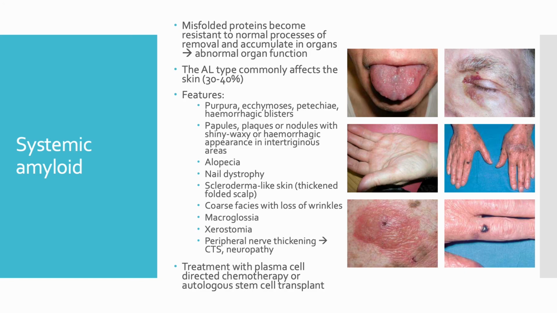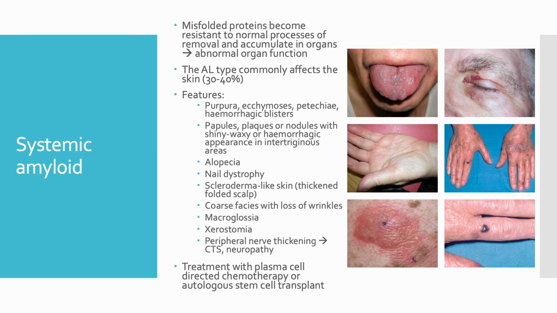A relatively uncommon but exceedingly important condition is called systemic amyloid, and the amyloid is made up of the amyloid P component protein and abnormal light chain immunoglobulin. So this produces what's called AL type systemic amyloid, and it's almost always associated with a plasma cell dyscrasia.